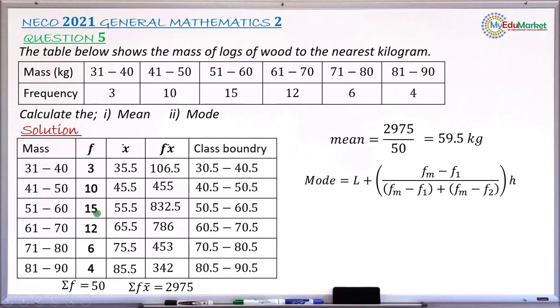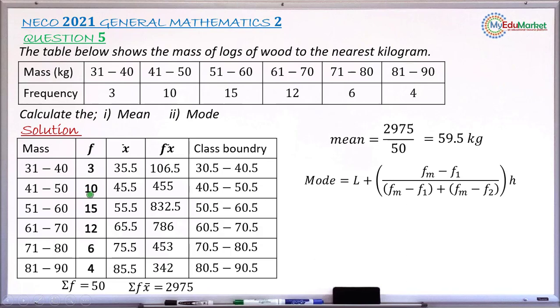So this is the modal class, 50.5 to 60.5. The frequency of that modal class is your Fm. F1 will be the frequency of the class interval before the modal class. In this case, the class interval before is 40.5 to 50.5, and its frequency is 10.